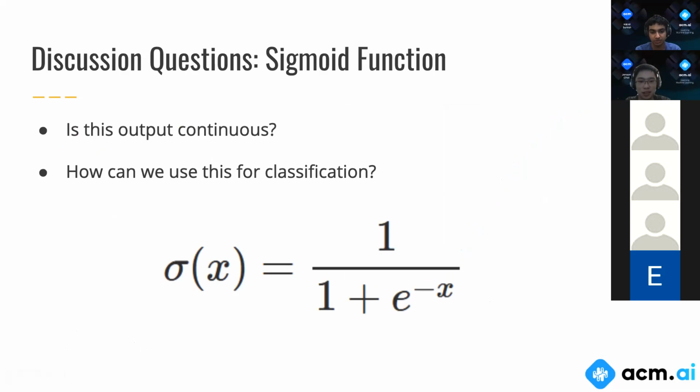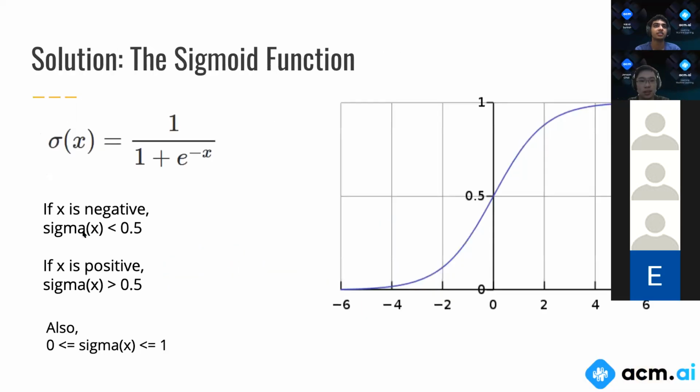Julian says compare probabilities from 0 to 1 of different possible classifications. Yes, in actuality, because we're going to get the value of the output.